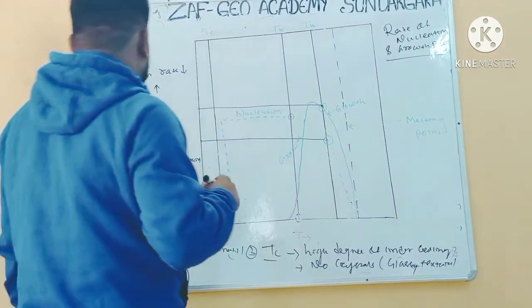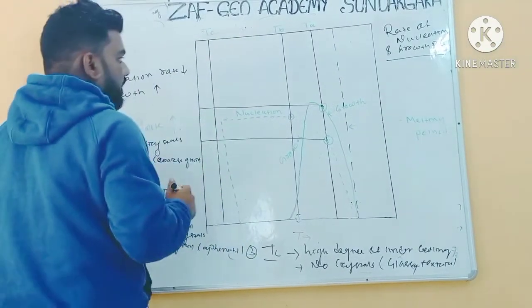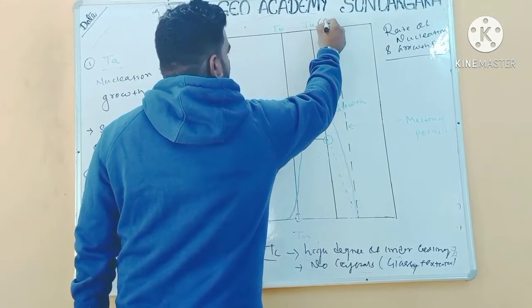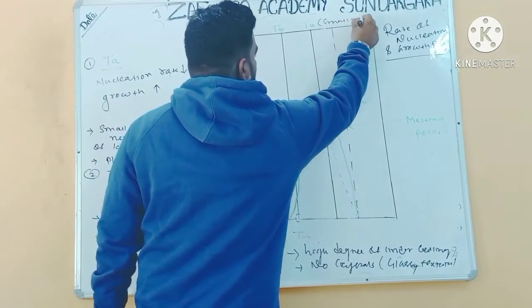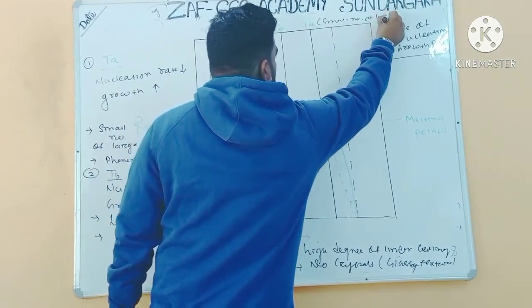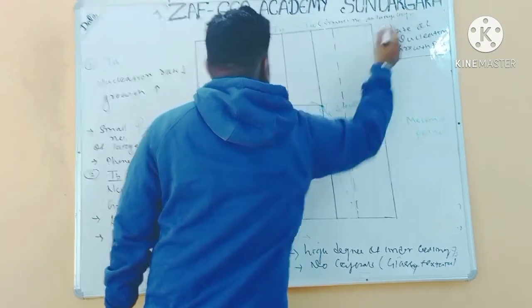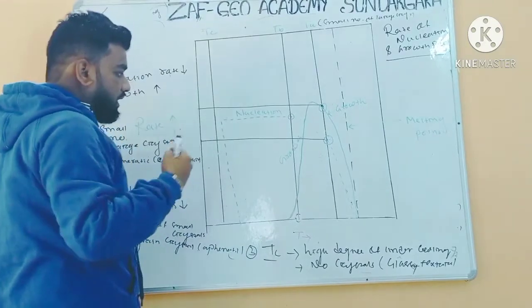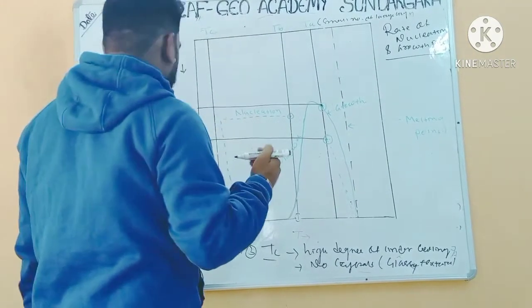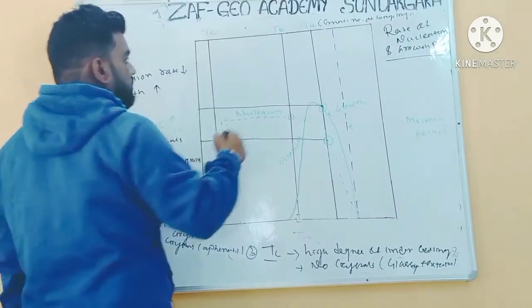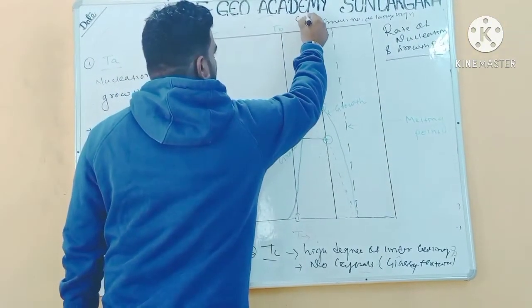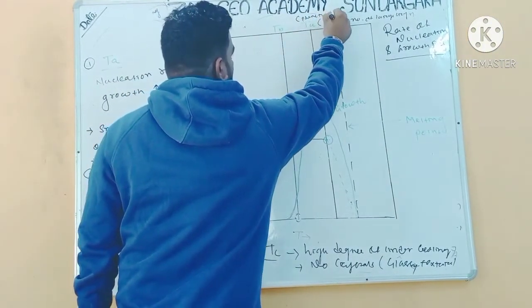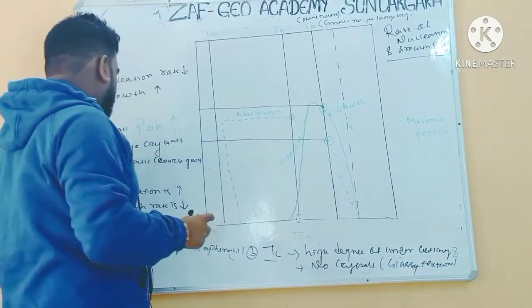A small number of large crystals will form at this temperature, and as a result the rock will be of coarse grain texture, which we call phaneritic texture. So the temperature TA will show the phaneritic texture. The coarse grain crystals will be there.